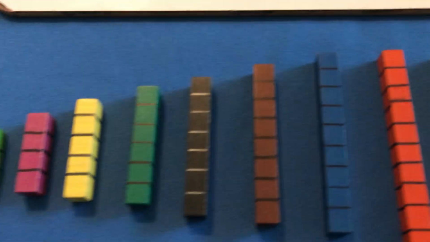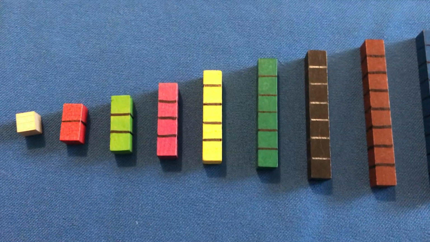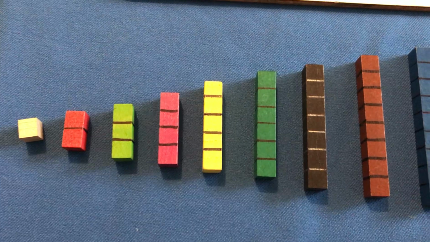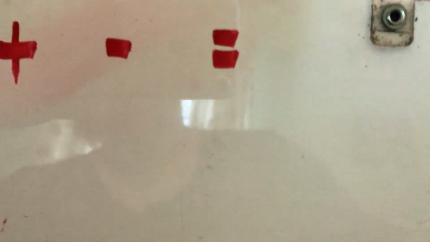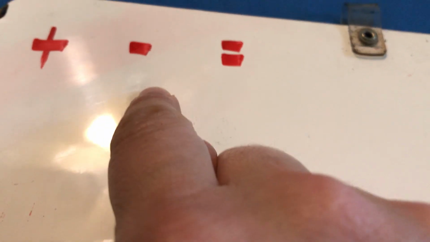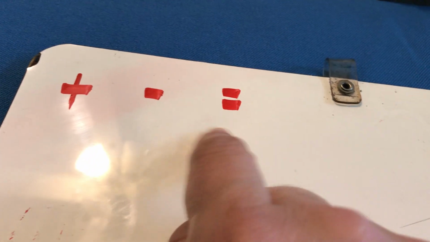So here we go back to our beginning of our blocks or our cubes, and we're going to look at addition and subtraction. I want you to look right here at the symbols at the top of my board to remind you. You've got addition, subtraction, and an equal sign.